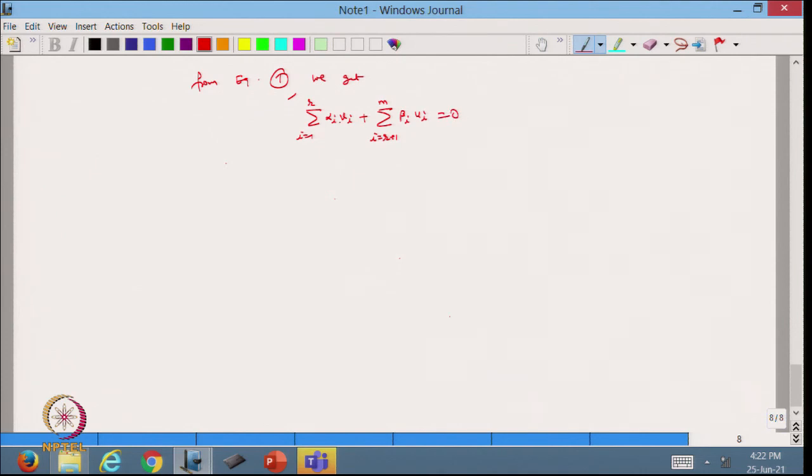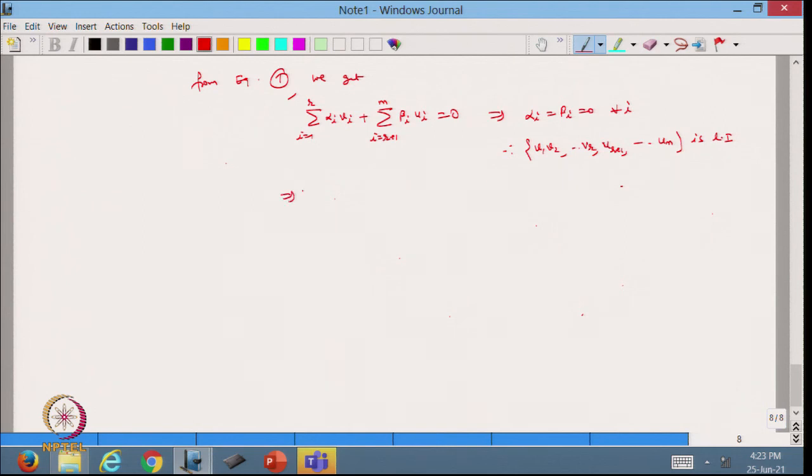Now, if we put this equal to 0, which implies that all alpha i's and beta i's are 0 for all i, because this set v1, v2 up to vr, u_(r+1) up to um is linearly independent, that we already know because it is a basis.